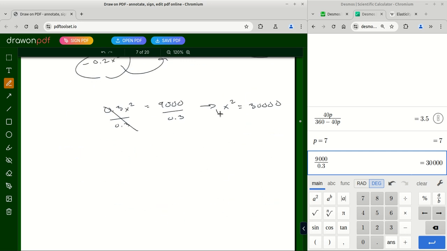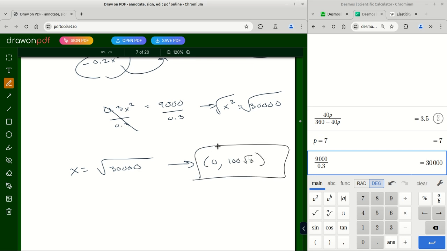So to solve for x, we need to square root both sides. My quick and dirty answer is this. Let me show you what my math lab has, and then we'll talk about it. That's the MyMathLab answer. Why? Because technically this is 10,000 times 3, and the square root of 10,000 is 100 on the outside.